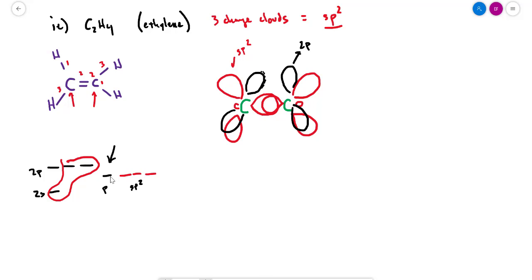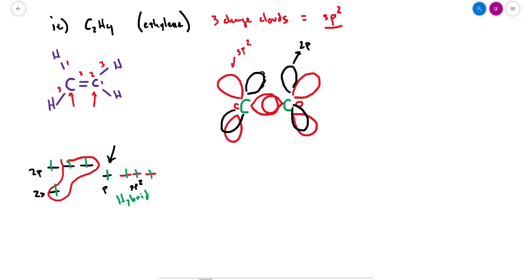So remember, carbon has 4 valence electrons. It would have had 1, 2, 3, 4 to start with, which would have translated to 1, 2, 3, 4 in the hybrid energy state. That means there's going to be 1 lone electron in each of the sp2 orbitals, but there's also going to be 1 hanging out in the p orbital.